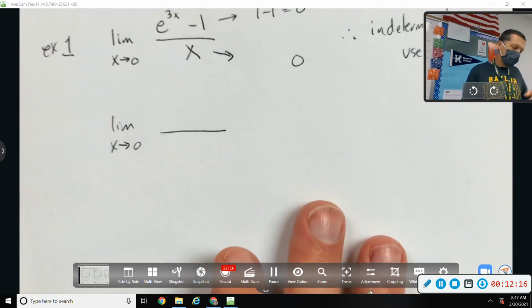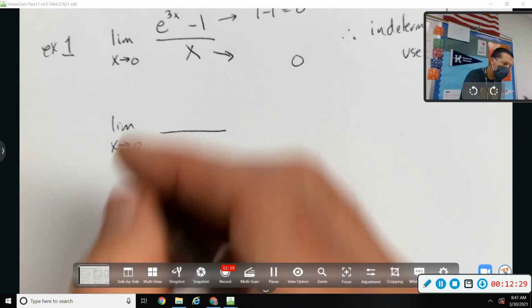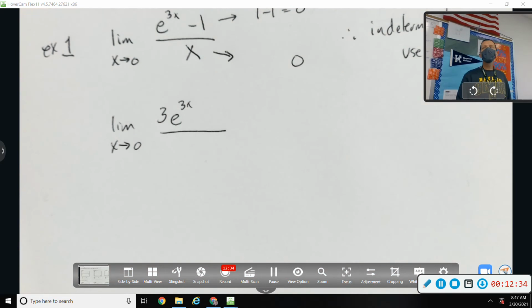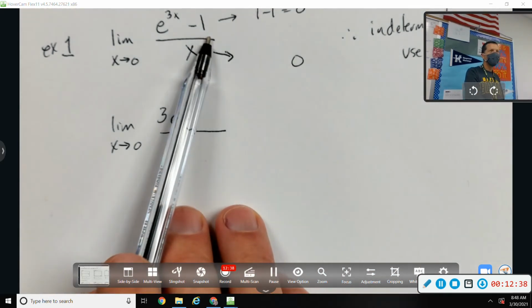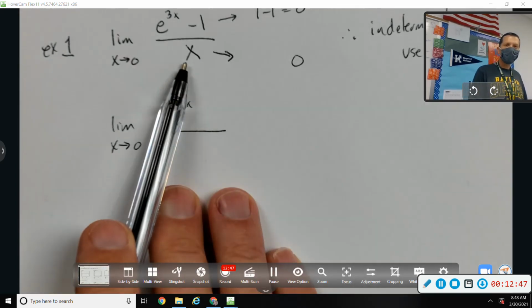So the derivative of e to the 3x, we're on video, so I won't pull a popsicle stick and put anybody on the spot. What's the derivative of e to the 3x? Good, e to the 3x, chain rule times 3. How about the derivative of minus 1? Nothing, 0. The derivative of a constant is 0. The derivative of x, 1.